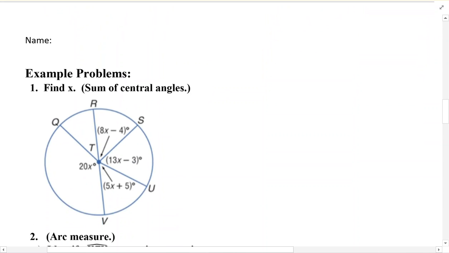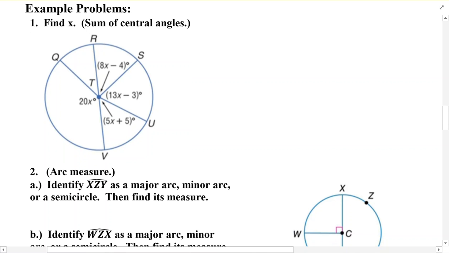Looking at example problems, we want to find x here, so we're going to look at the sum of the angles. We have this one that's undefined, so I have to look at what I know, since I don't know what angle T is.